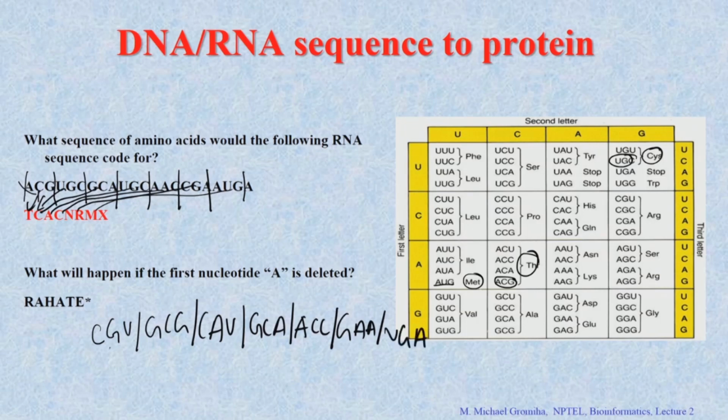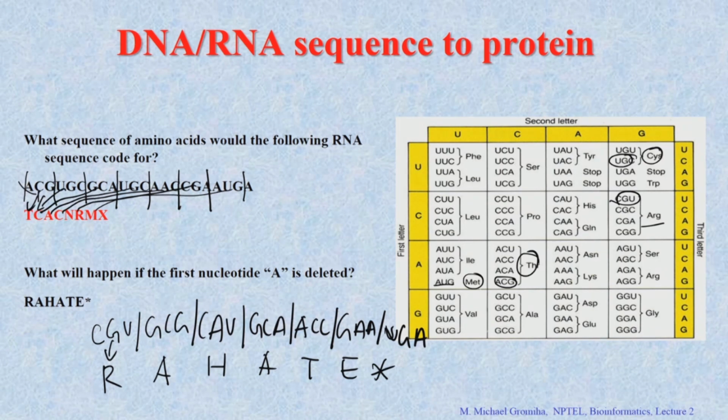So, now CGU codes for arginine, this is alanine, this is histidine, GCA alanine, T, GAA is E and UGA is the stop codon, they put a stop codon here. So, if you remove one single nucleotide, this is totally different.